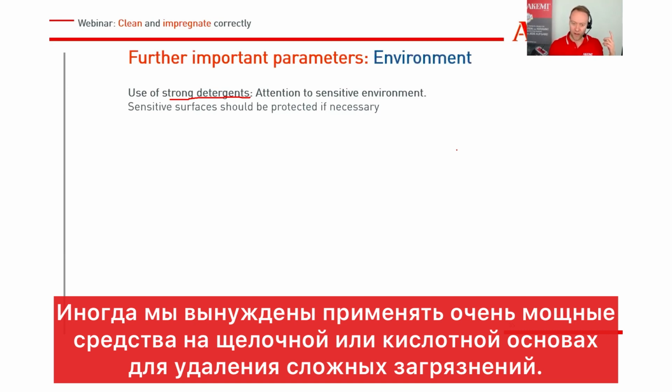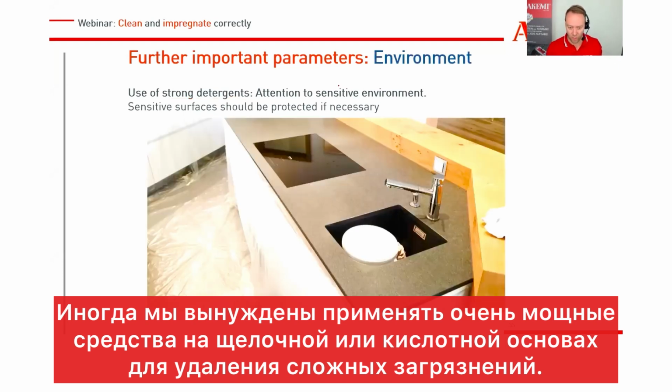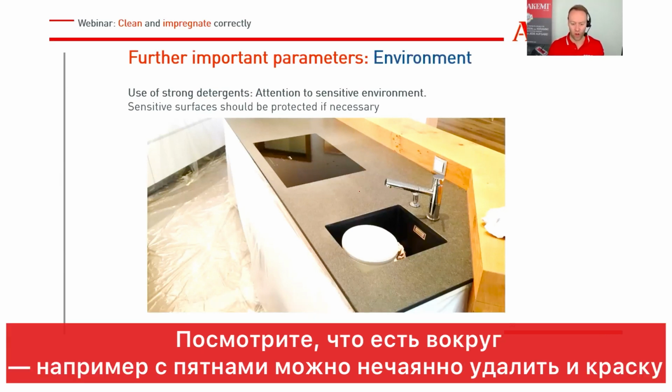So just to have in mind, especially interior, when you use it interior, what is surrounding the area. If you have a countertop to clean, with some strong alkaline cleaner, maybe there was some impregnation gone wrong, or some heavy oil stains, and you clean this, check your surroundings, put some plastic sheets there.